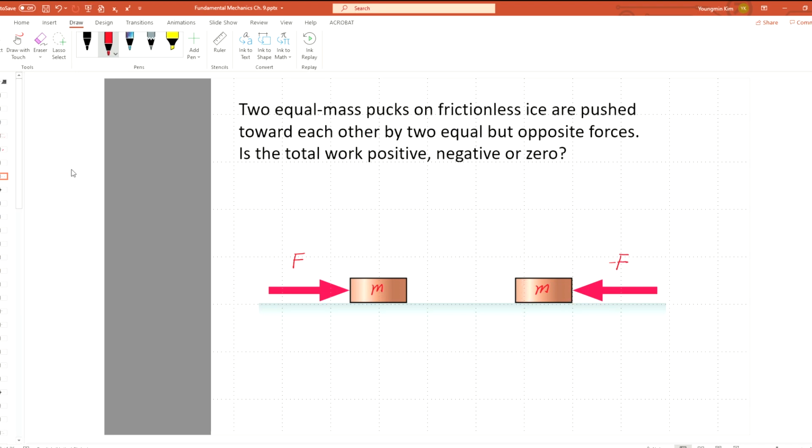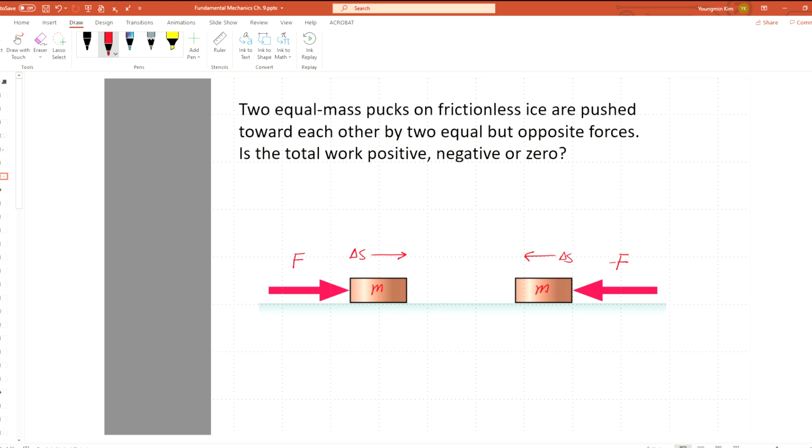And this force is going to cause this puck to have a displacement this way, while this one will have a displacement that way. And we are asked, is the total work done on this entire system positive, negative, or 0?